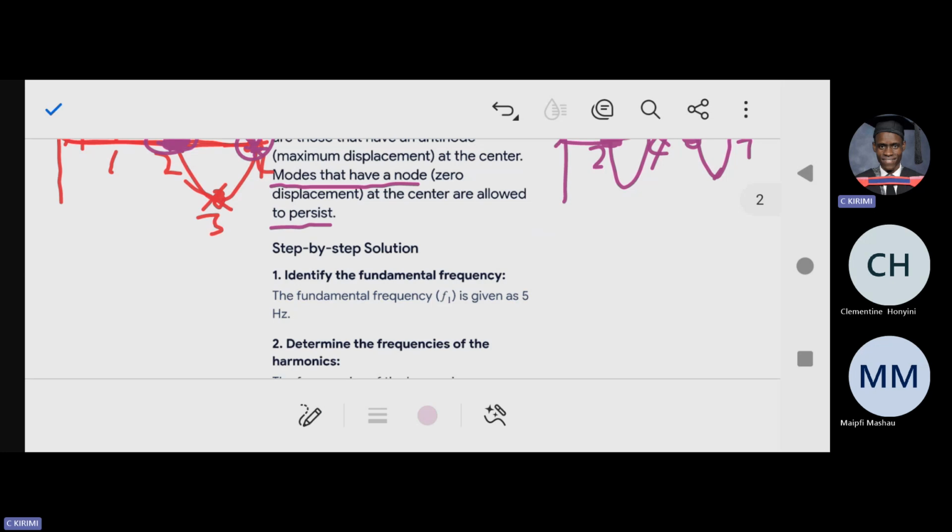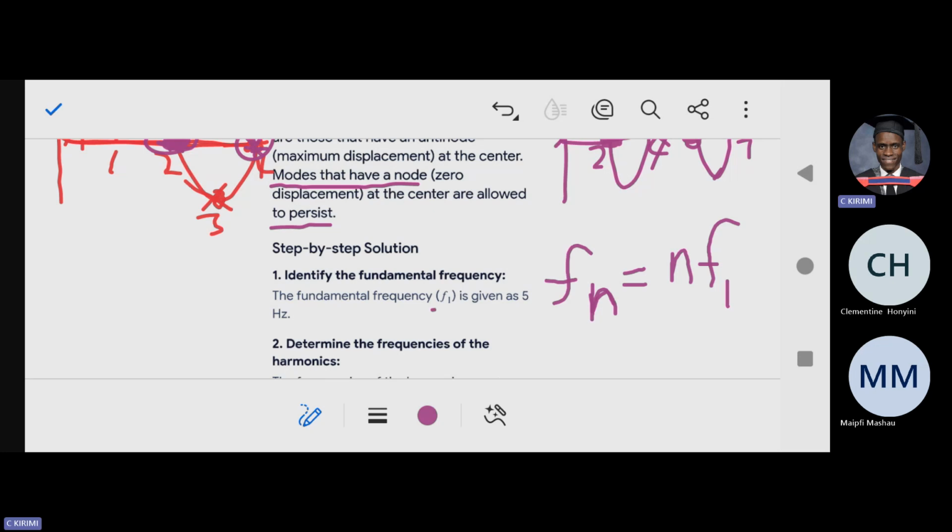Then you also mention that the fundamental frequency is given by what formula? Fn is equal to n multiplied by the fundamental frequency. So the frequency at that mode when n is 1, in our case, is 5 Hz.